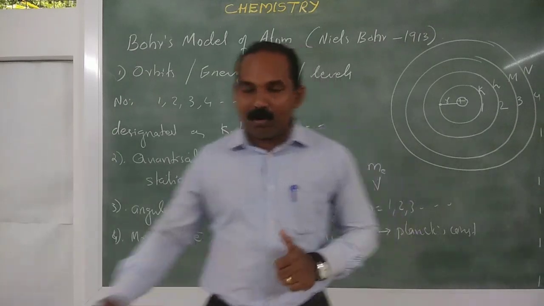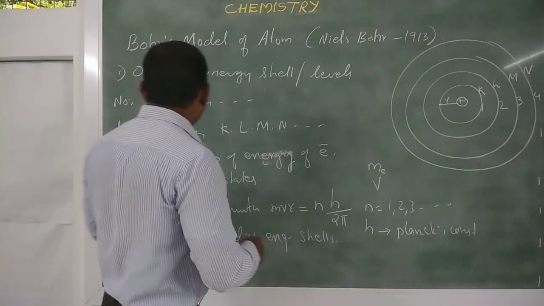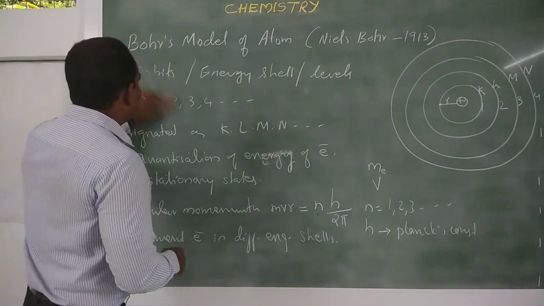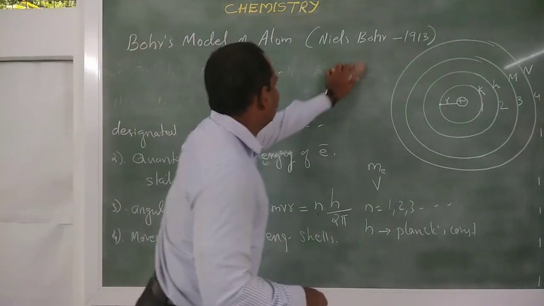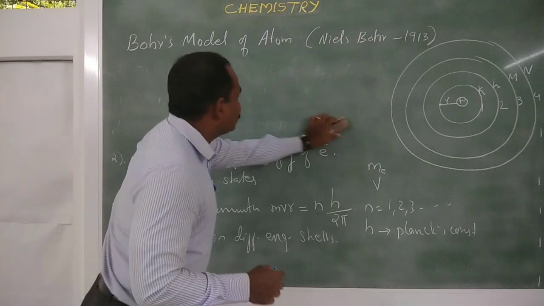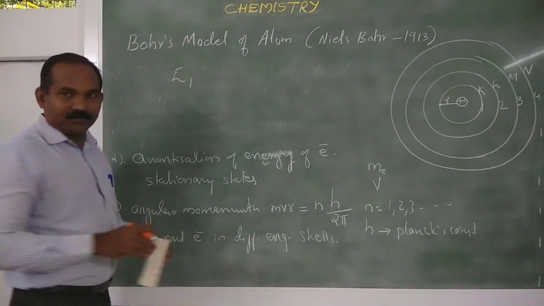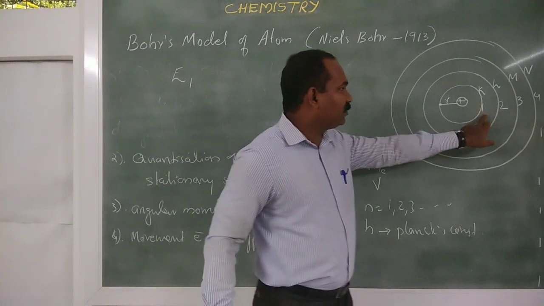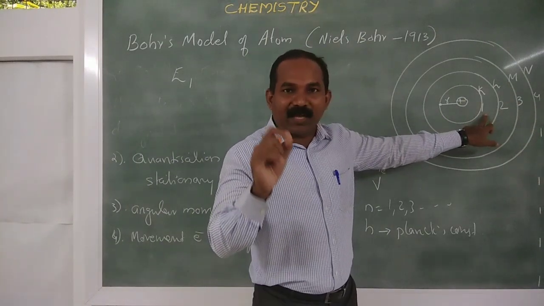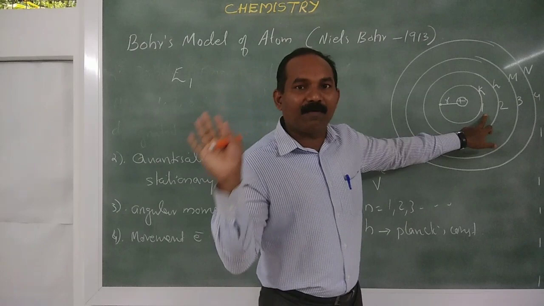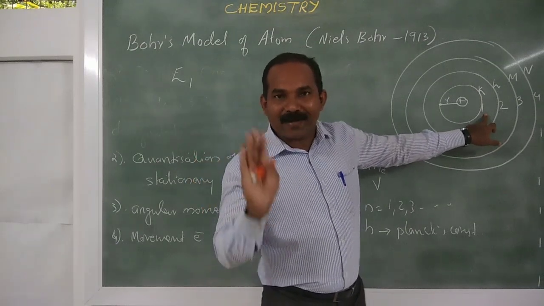Let's consider one important thing. Okay, I just erase these things. Suppose the electron is at a lower energy level E1, the first energy level.